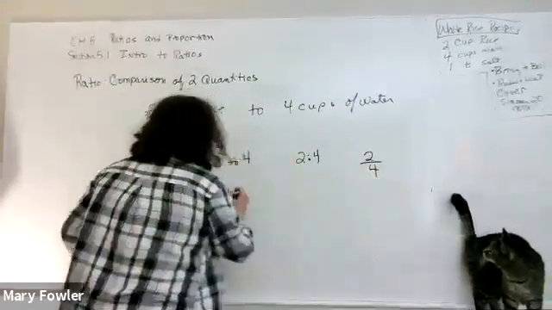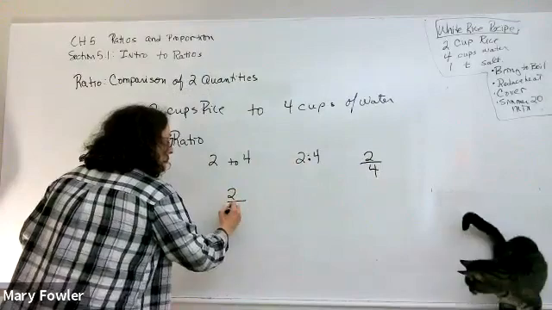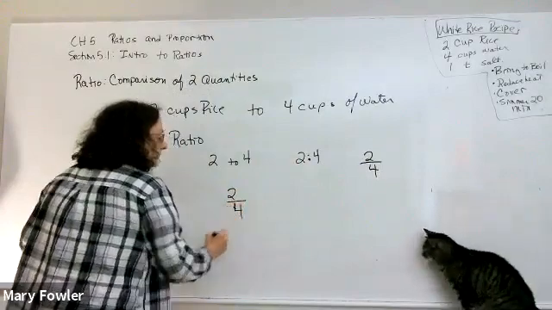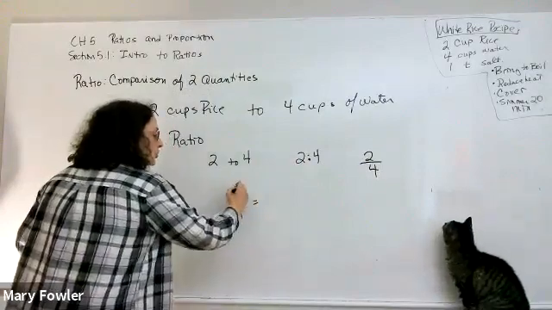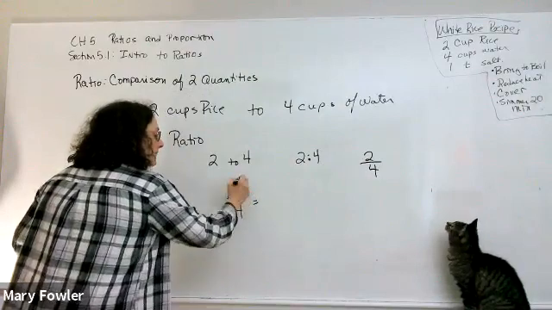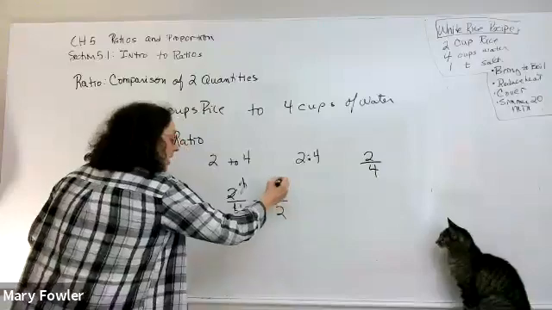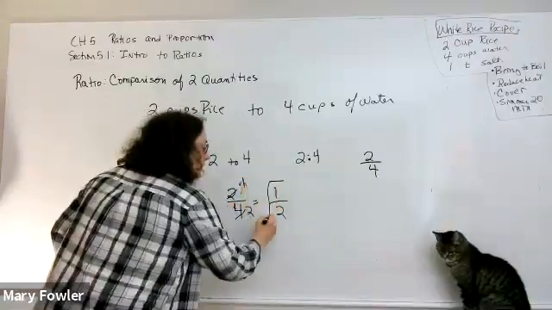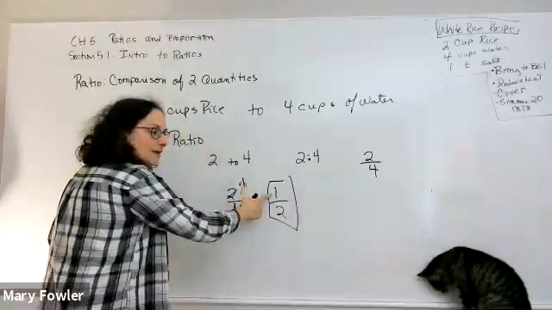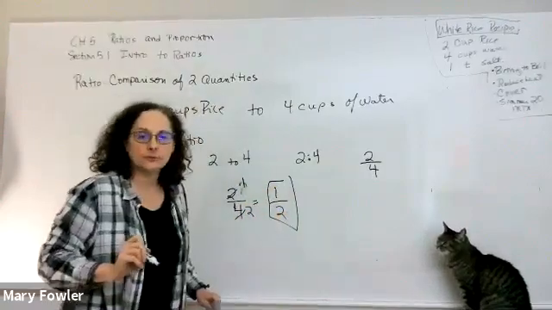For this ratio of 2 cups of rice to 4 cups of water, 2 goes into 2 1 time, and 2 goes into 4 2 times. The simplest form is 1 cup of rice to 2 cups of water.